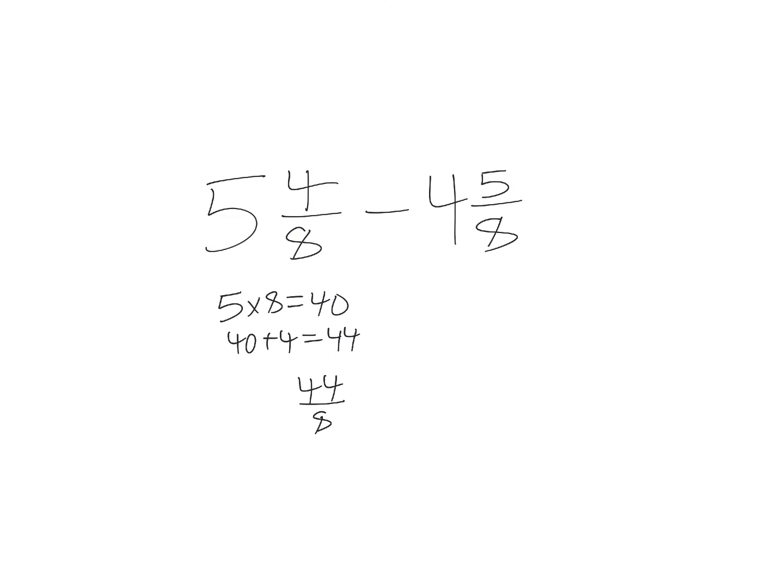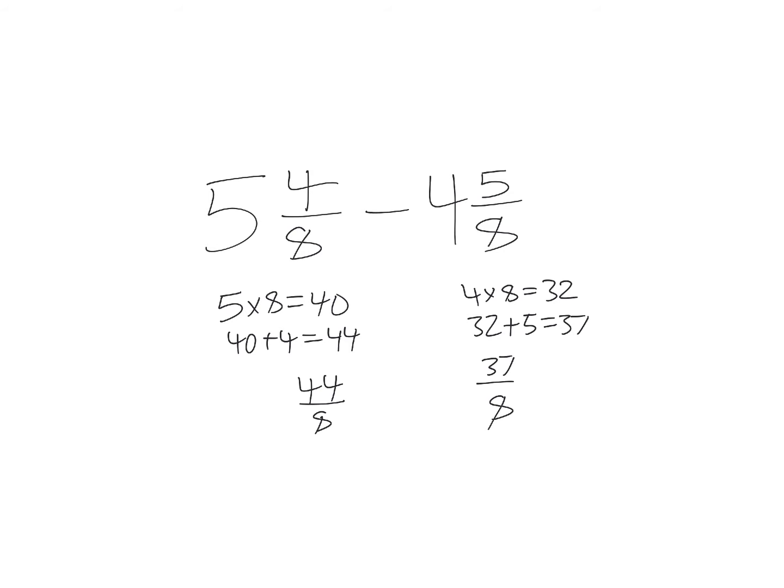And then over here, I'm going to have 4 5/8. I'm going to do 4 times 8 equals 32. And then I do 32 plus 5 equals 37. Then I'll have 37/8. So we got them both in eighths, right?